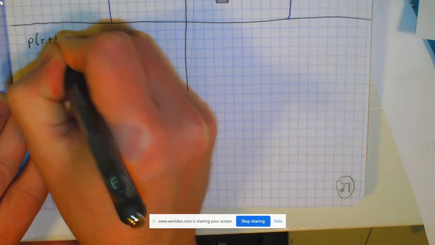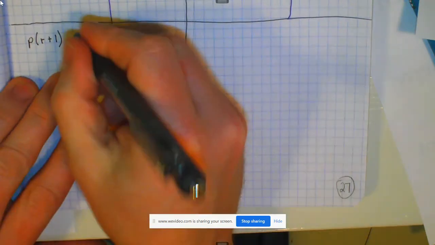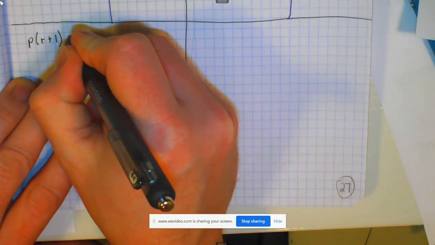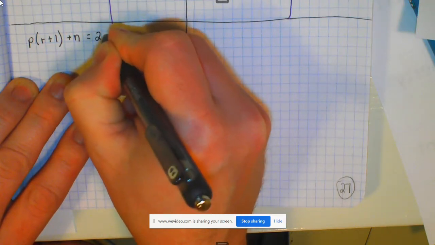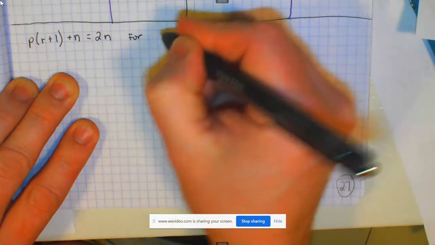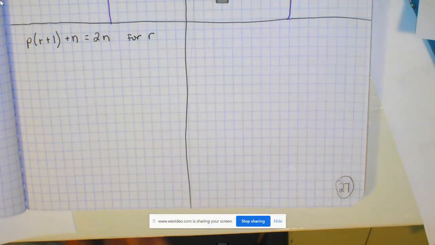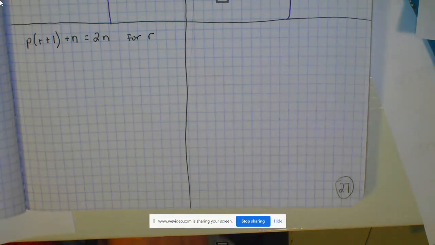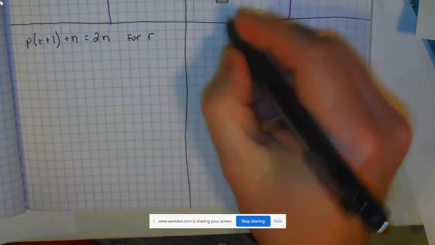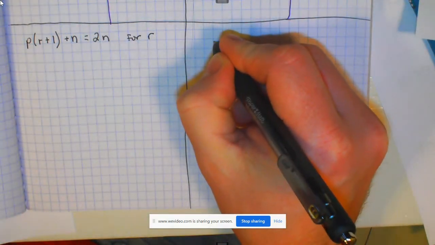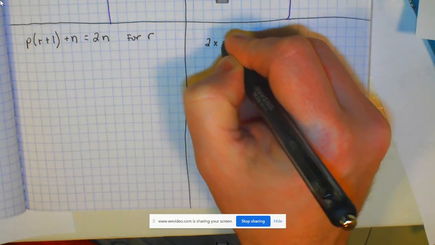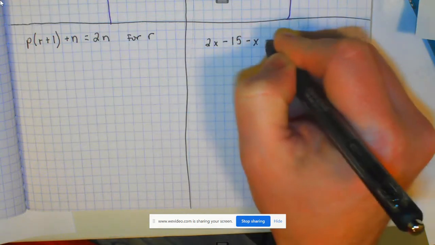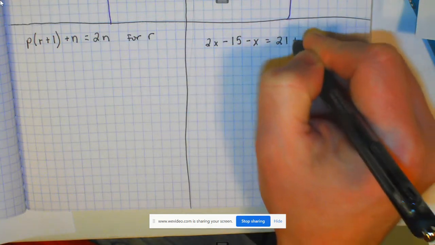P(R plus 1) plus N equals 2N, solve for R. Okay, so we're going to take that and we're going to solve it for R. And then the last one we're going to do is going to be 2x minus 15 minus x equals 21 plus 10x.